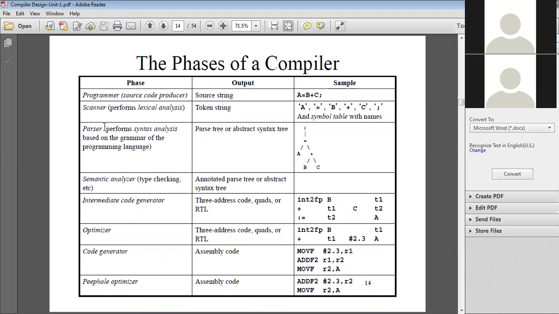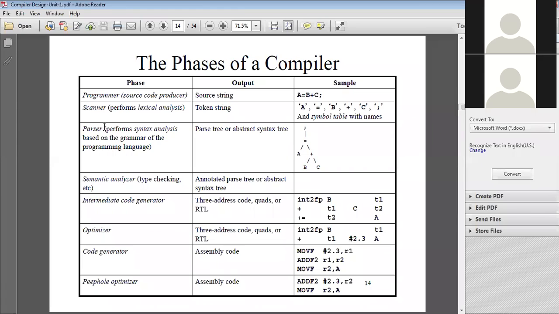If we separate all the tokens, in the second row you can see A, then the equal sign, then B, then plus, then C, then semicolon. And when we combine all the tokens, we get the string. So separate letters or special symbols are called tokens, and these tokens are stored in the symbol table.